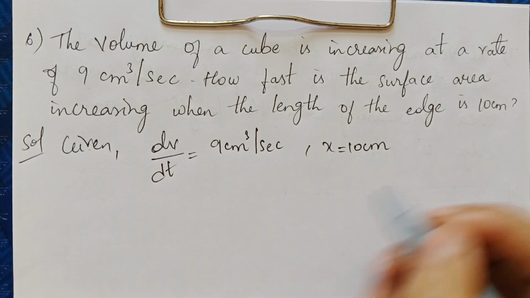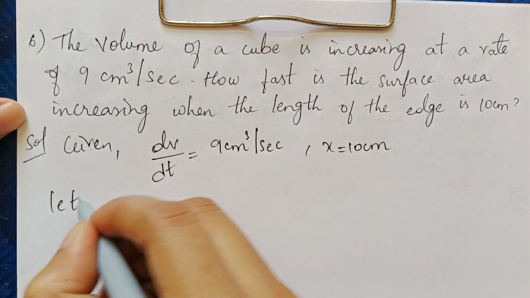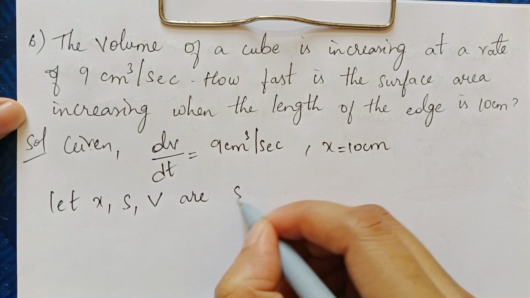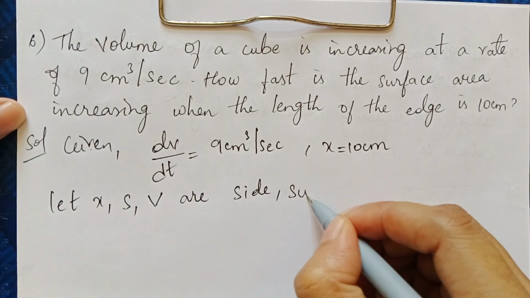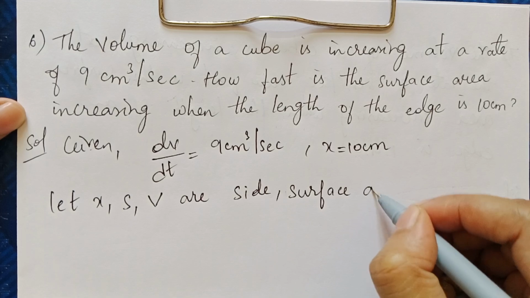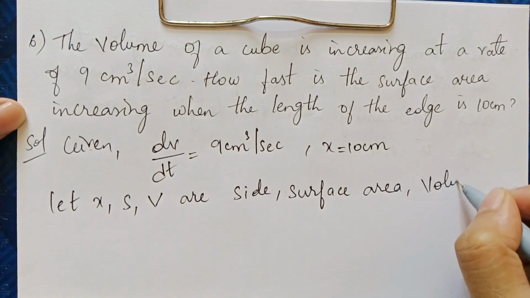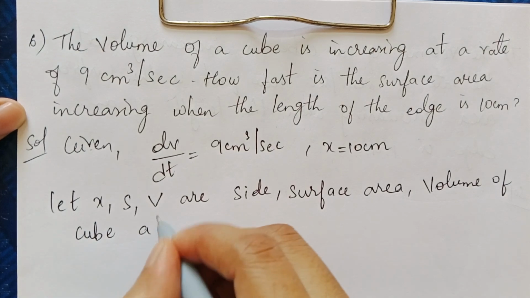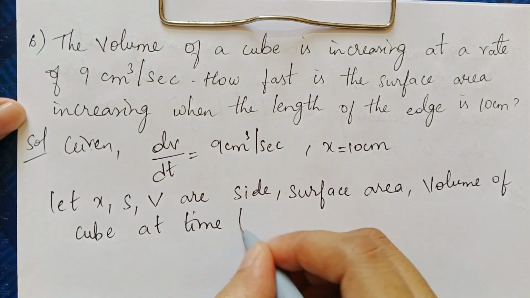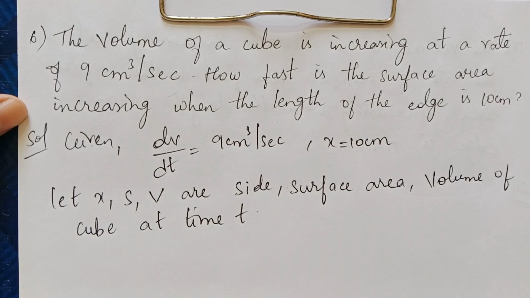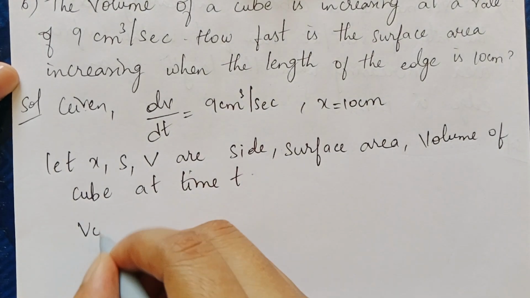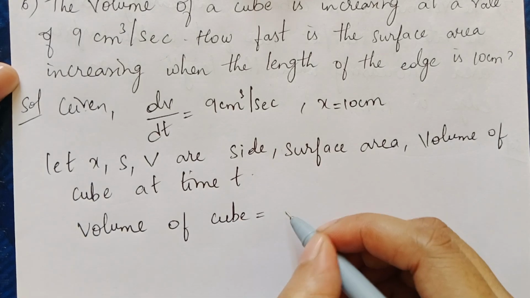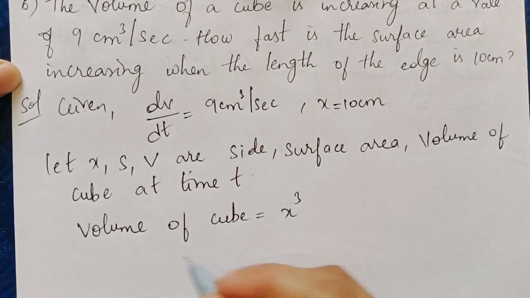We will consider, let x, S and V be the side, surface area and volume of the cube at time t. Okay, so the formula for volume of cube is equal to side cube, which is x cube.